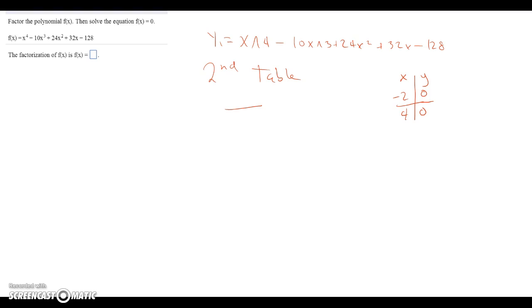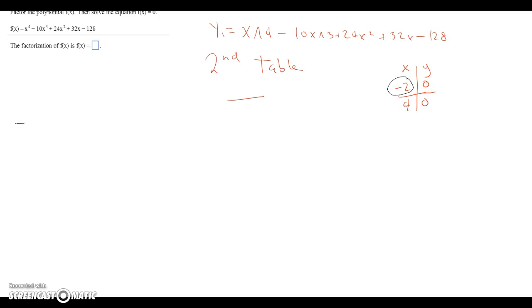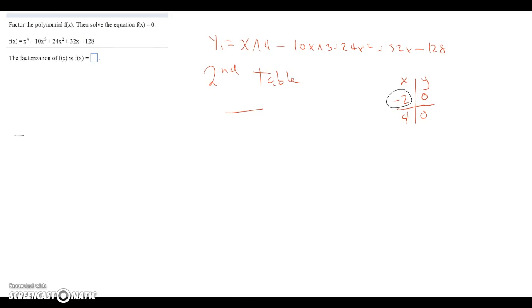So what we're going to do now is attempt to break this fourth degree polynomial up using synthetic division. Let's start with our first zero. Let's take -2 and put that number in the box.